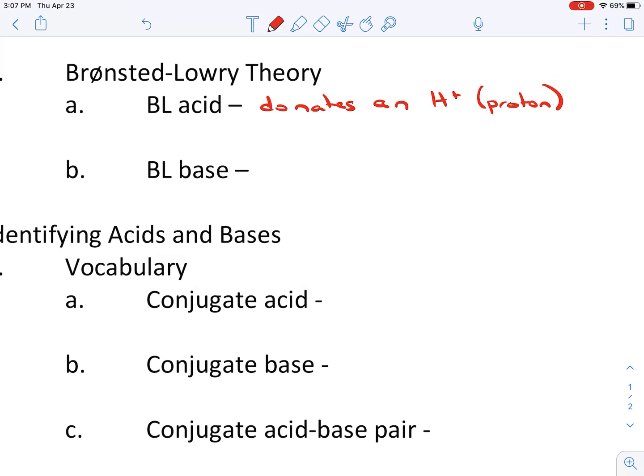Then a Bronsted-Lowry base is one that accepts the H plus or a proton. So we're talking about donor and acceptor, and this broadened our definitions of acids and bases, and it became a little easier to define them.